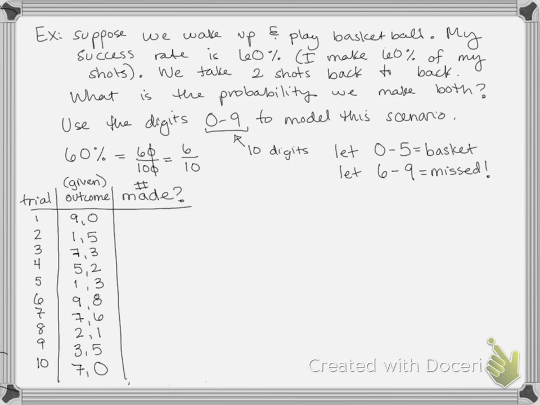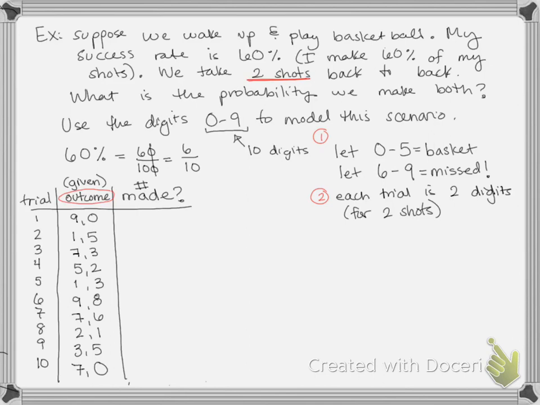We took 2 shots at the basket. So every time I have an outcome, there are 2 numbers. Okay, so that's how we're going to model the trial. So look, we just decided our digits are going to be represented by 0 through 5 and 6 through 9. And then in the second step of designing our simulation, each trial is 2 digits. If we look at the way these look for 2 shots, right? So I make 2 shots each trial.